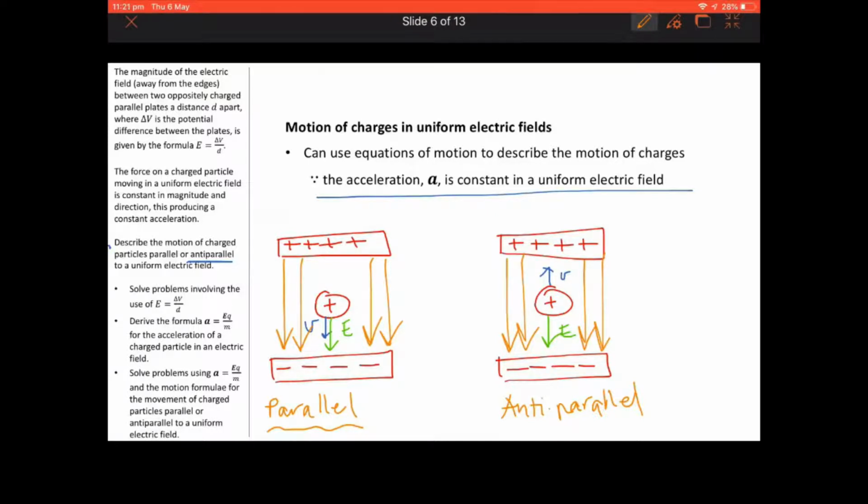So the velocity of the particle and the field lines are pointing the same way. In anti-parallel motion, the velocity is pointing in the opposite direction to the electric field. So it's still in the same orientation, like parallel with the field, but it's not in the same direction as the field, therefore it's anti-parallel.